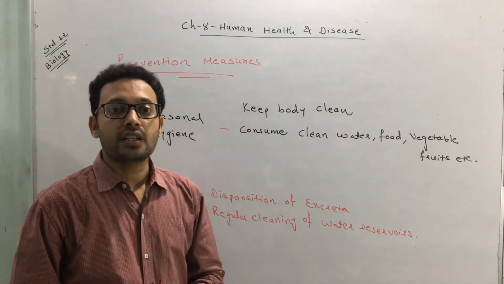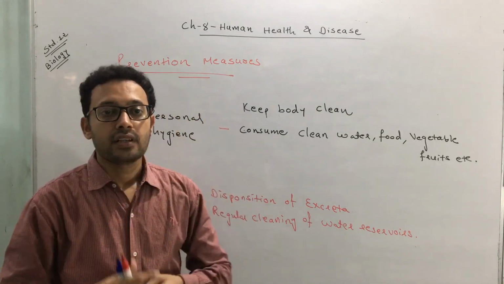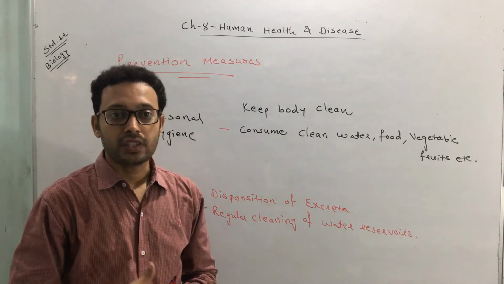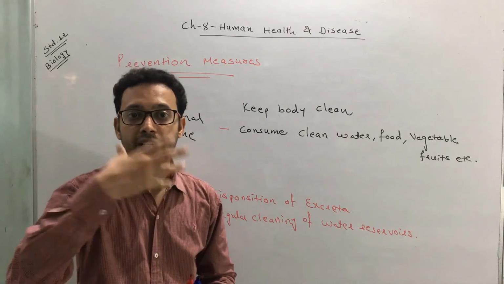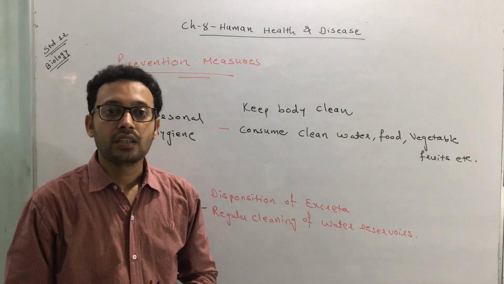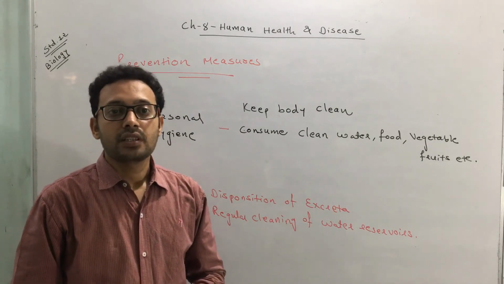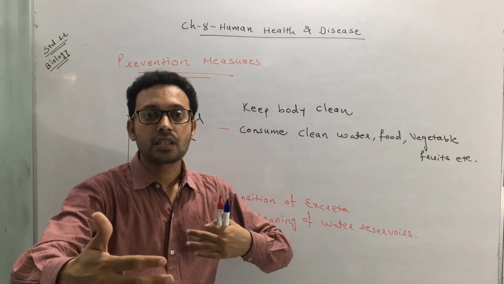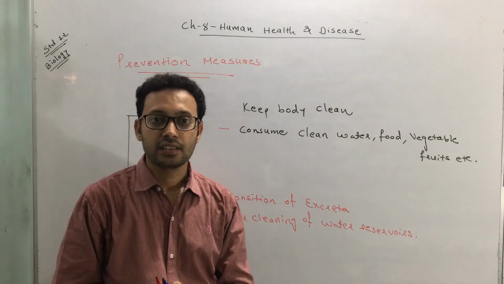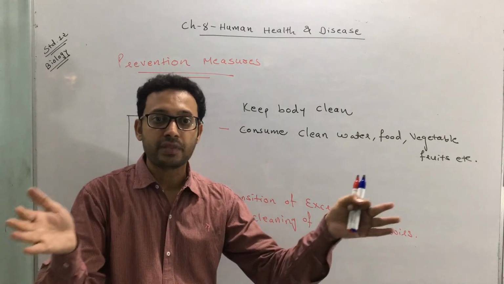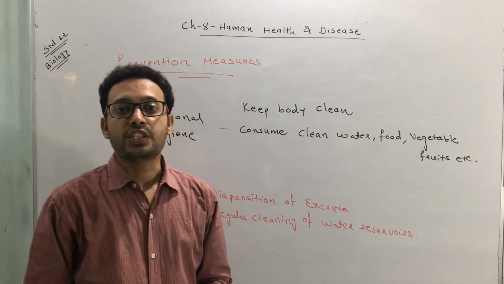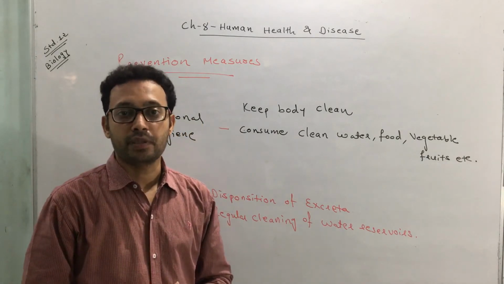Now the diseases transmitted through air, for example pneumonia, or the common cold, or in the current situation corona, are airborne diseases. So how would you prevent this? Keep the distance from the infected person, what we call social distancing. Do not utilize the things used by an infected person.